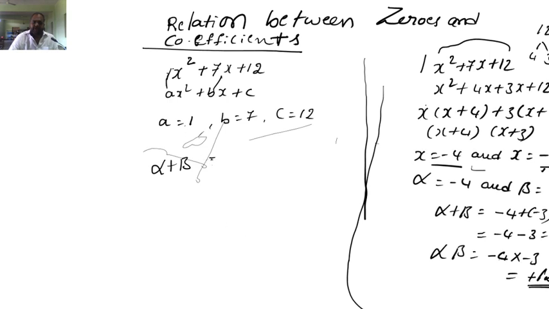Alpha plus beta is equal to minus the x coefficient b by the x square coefficient a. Yesterday I told about this formula, minus b by a. Minus b means minus 7 by 1.